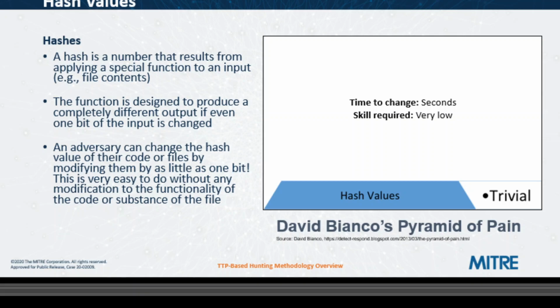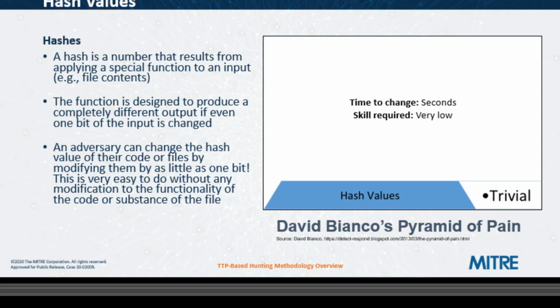The number is created using a cryptographic function that is designed to come up with a completely different answer if even a single bit of the input has changed. And the original design of this was to validate that the contents of the file that you're looking at are exactly the same as what you would expect, with a concise representation of that file being the hash.